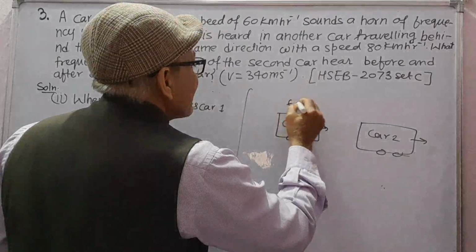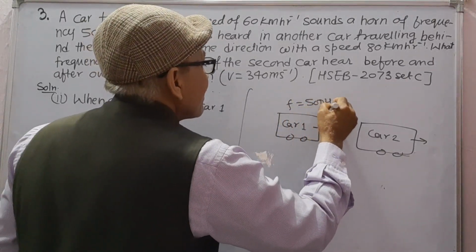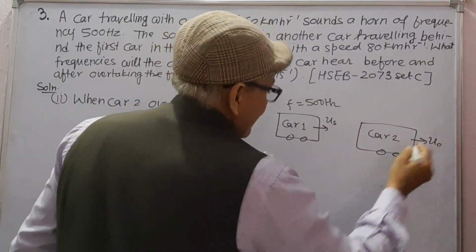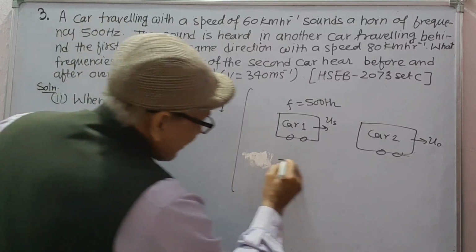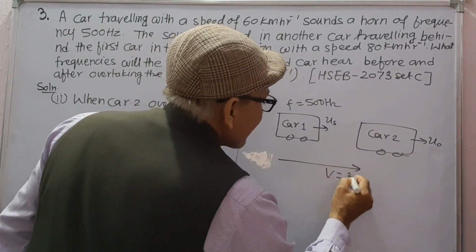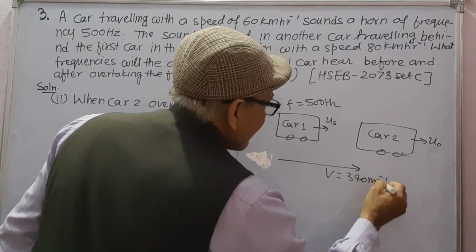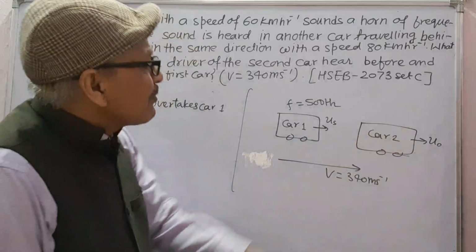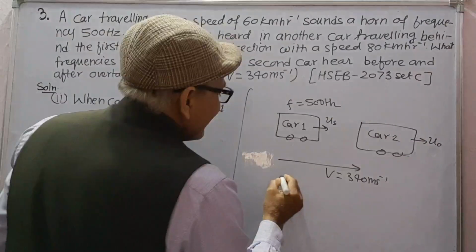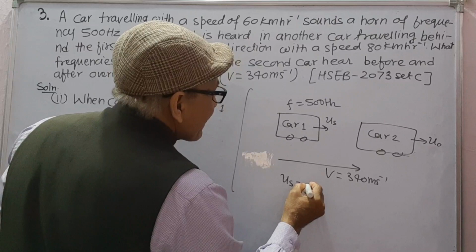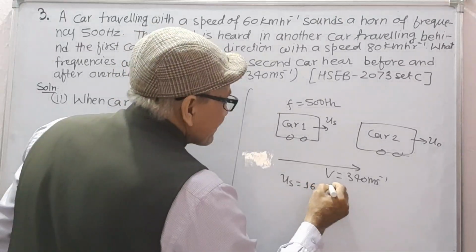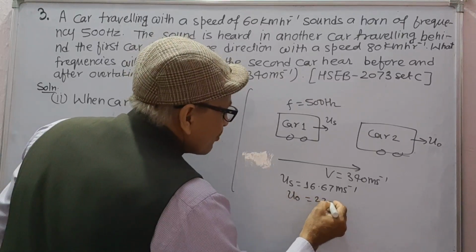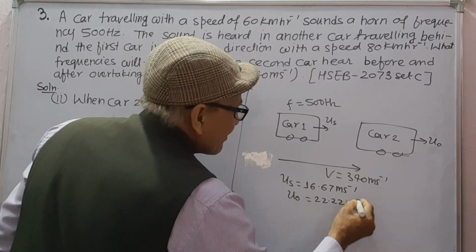Car 1 is source, US, this is observer, UO. Sound is coming towards this side, therefore with respect to its direction both are positive, so US will be equal to 16.67 meter per second and UO will be equal to 22.22 meter per second.